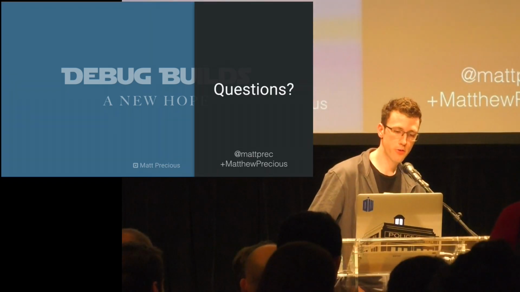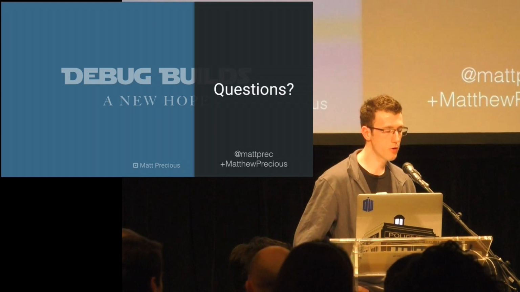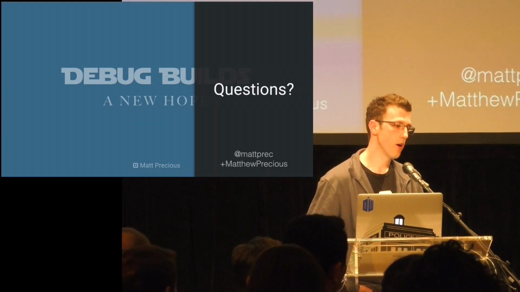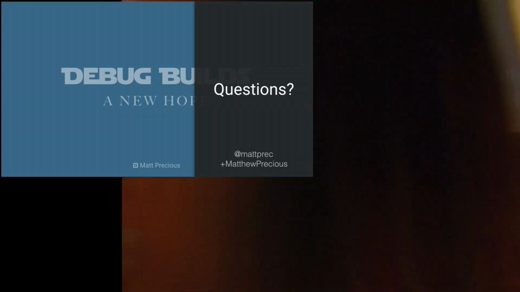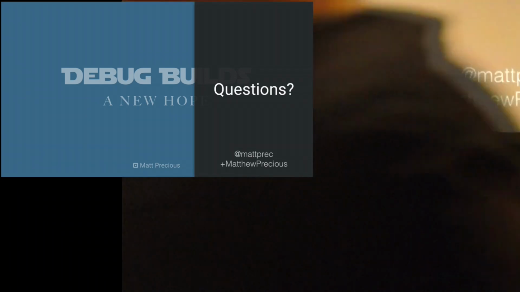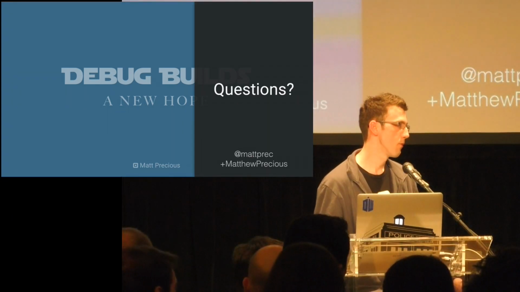Right. So the question is, how do we handle switching endpoints and authentication tokens? So we currently store our auth token related things in shared preferences. And on our debug builds, we override the provider for the shared preference, and we add a suffix to the key for the current endpoint that you're on.